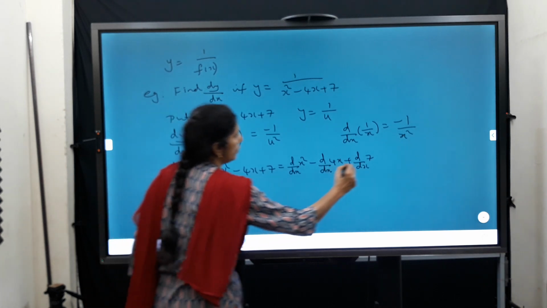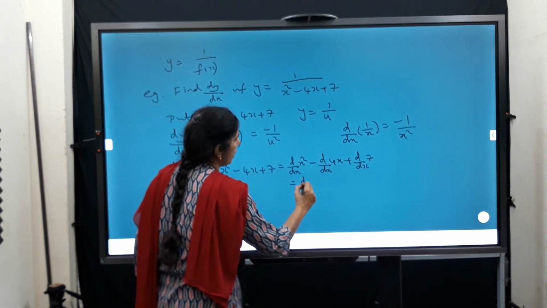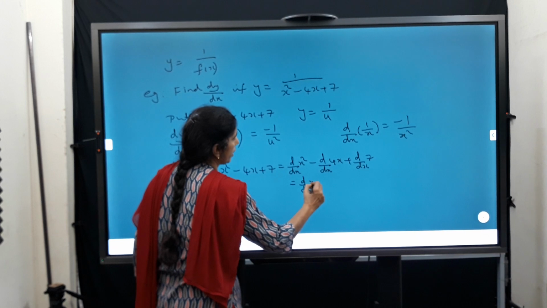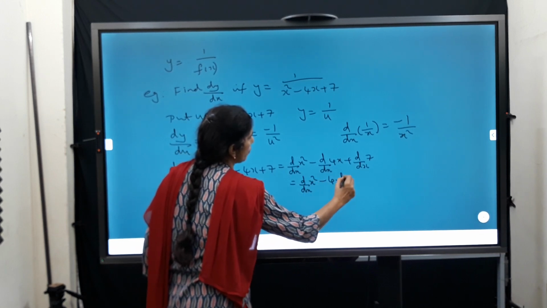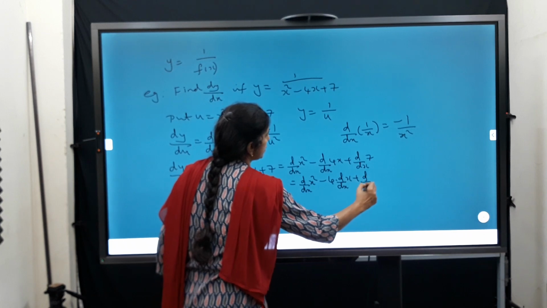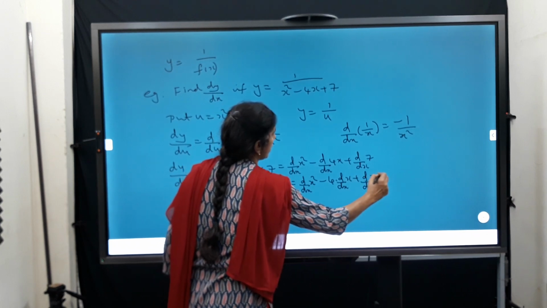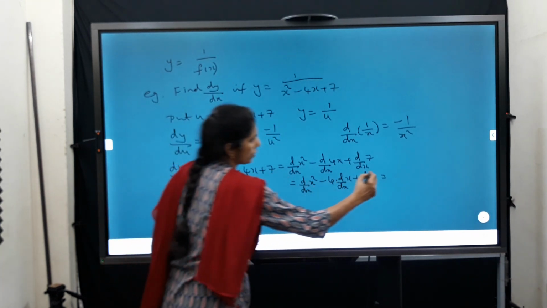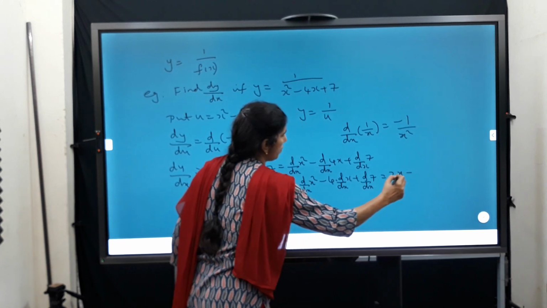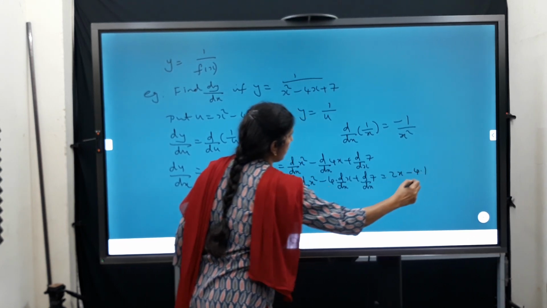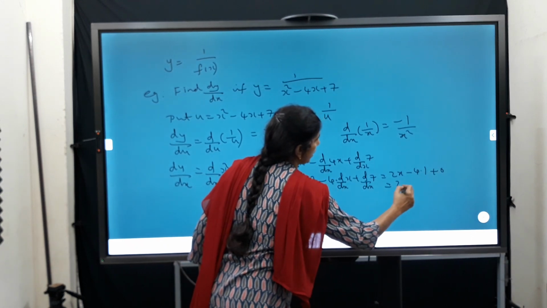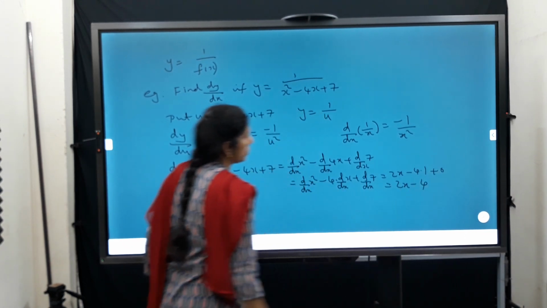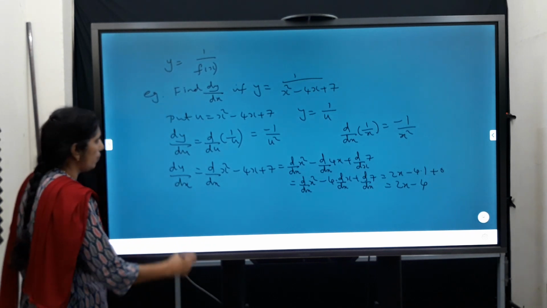That is equal to d by dx of x square minus 4 into d by dx of x plus d by dx of 7. D by dx of x square is 2x, minus 4 into d by dx of x is 1, and d by dx of 7 is 0. So it is 2x minus 4.